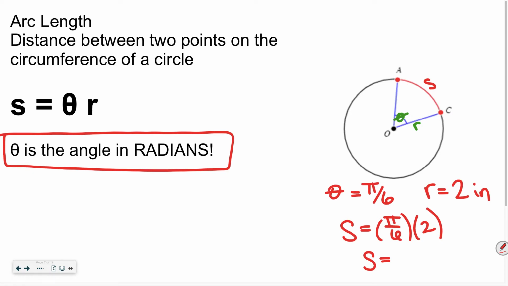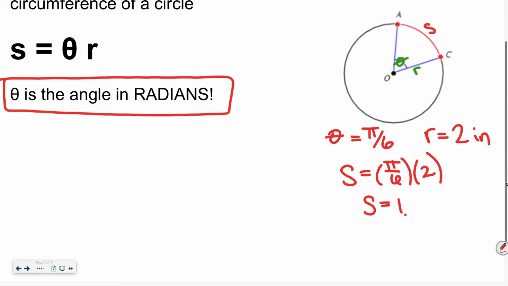Take pi over 6 and multiply it by 2 for me. Okay? Yeah, I know it's pi over 3, but I wanted a decimal form here. I got 1.047. So our arc length would be 1.047 inches. Okay. And that is how long this piece right here would be. Okay, that red piece.